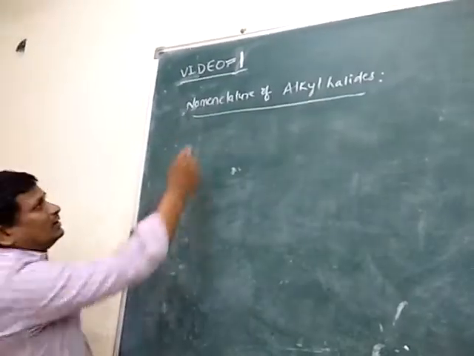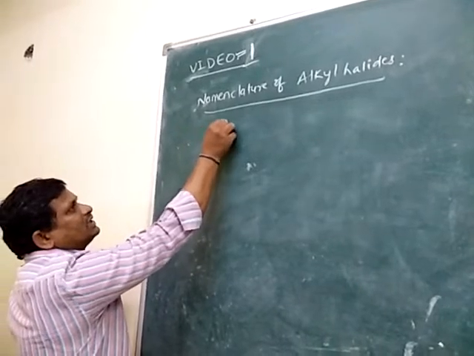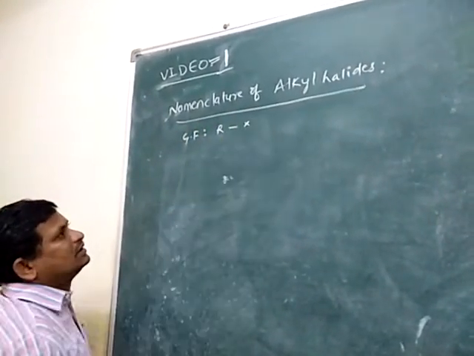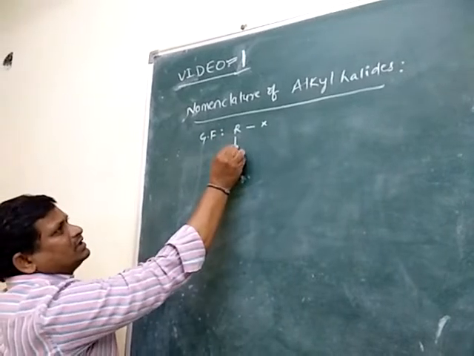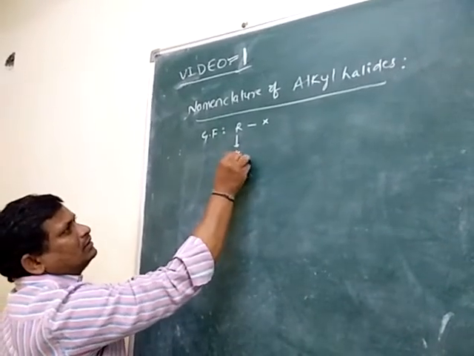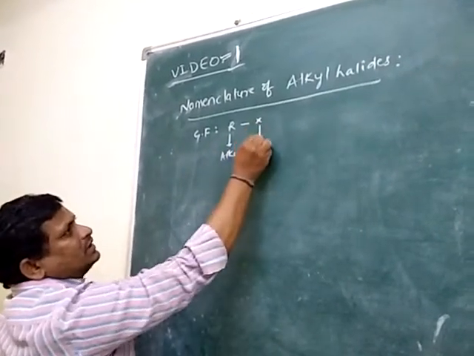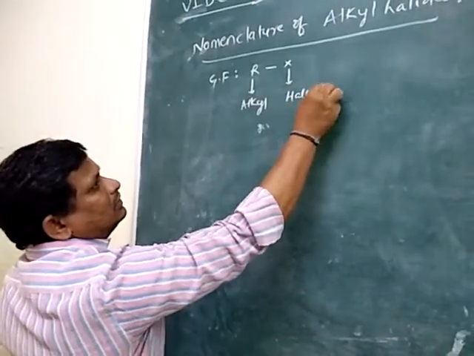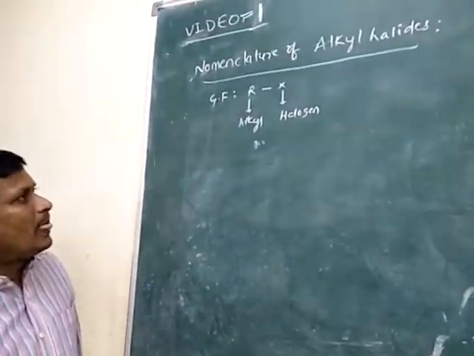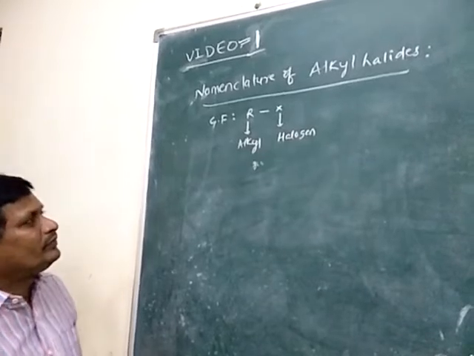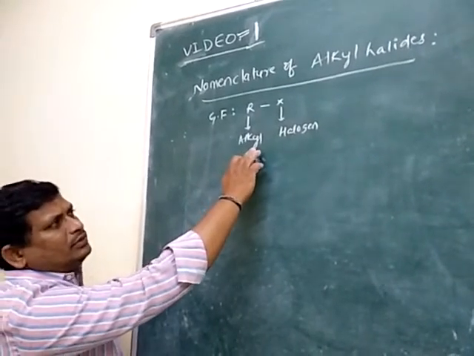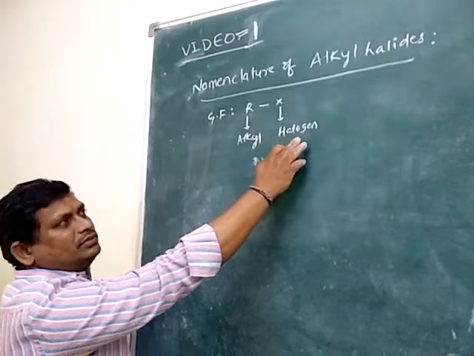So the general formula of the alkyl halides is RX, wherein R is the alkyl and X is the halogen. According to common nomenclature, first represent the alkyl group, next the halogen group.